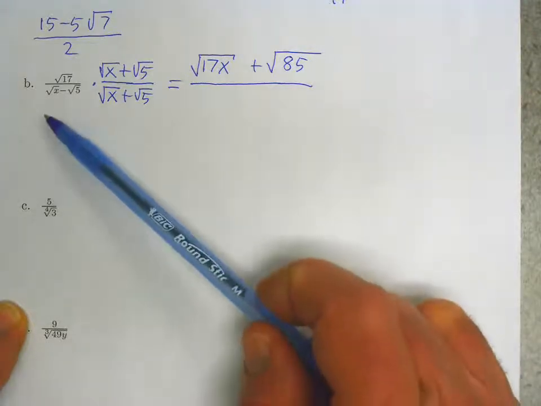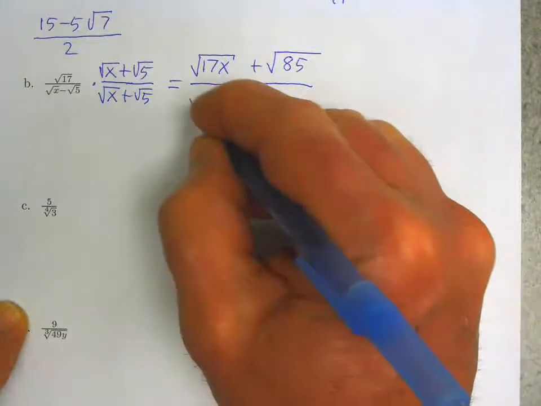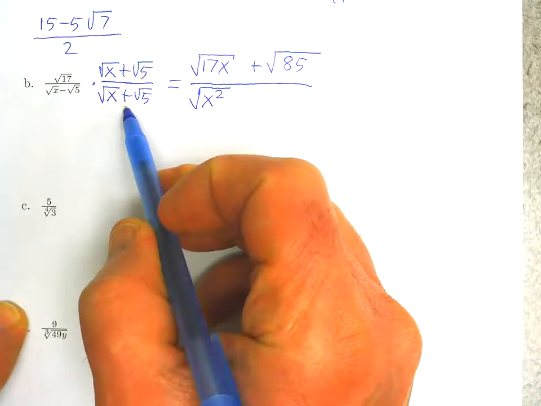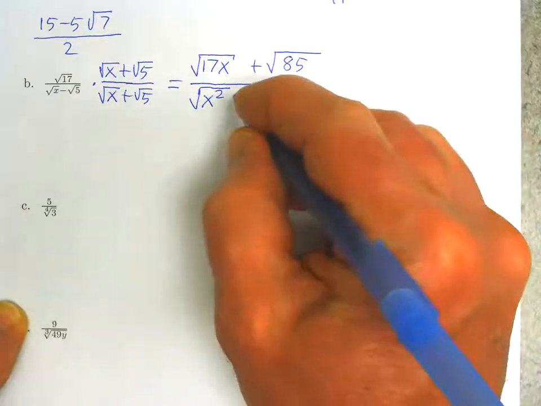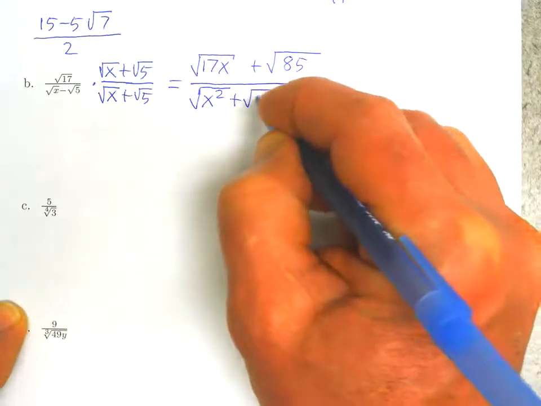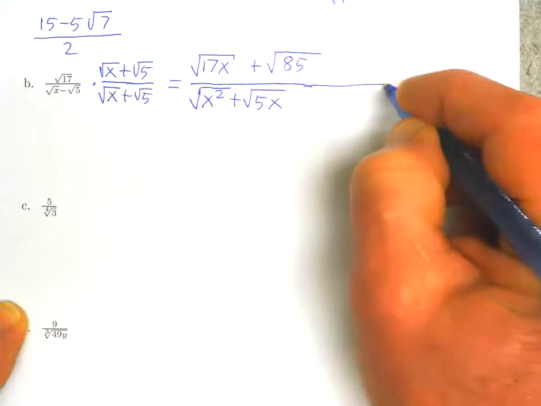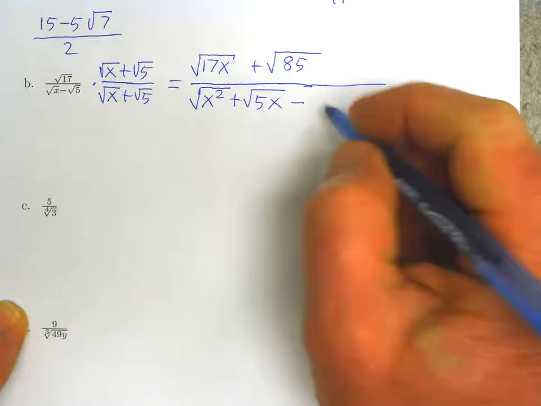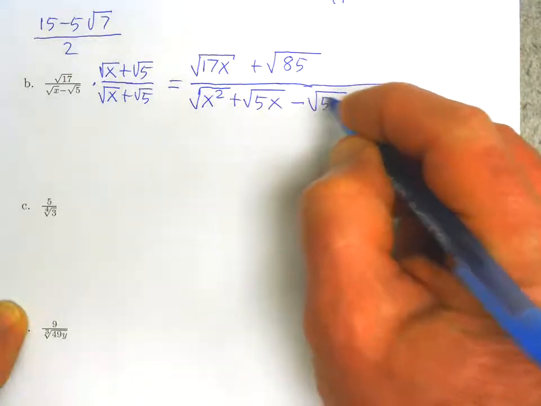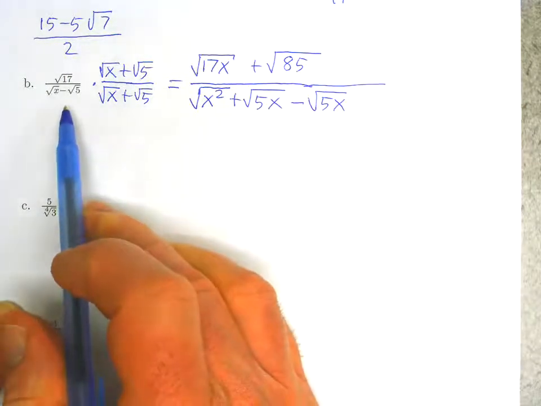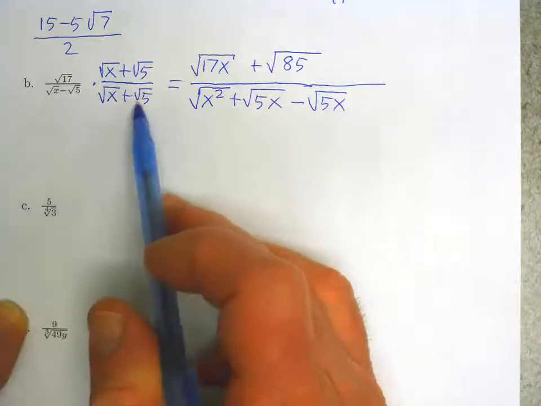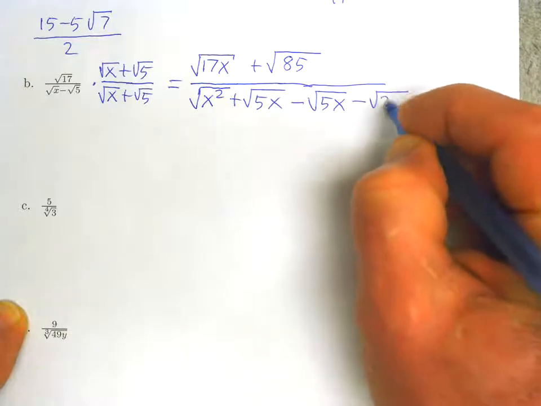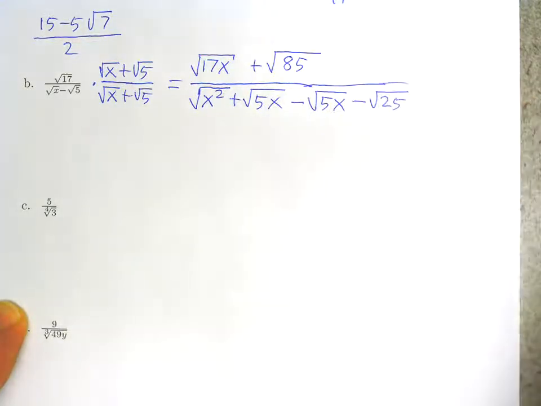And then the square root of x times the square root of x is the square root of x squared. Then we have plus the square root of x times the square root of 5, which is plus the square root of 5x. And then we have minus the square root of 5 times the square root of x, which is minus the square root of 5x. And finally, minus the square root of 5 times the square root of 5 is minus the square root of 25, because 5 times 5 is 25.